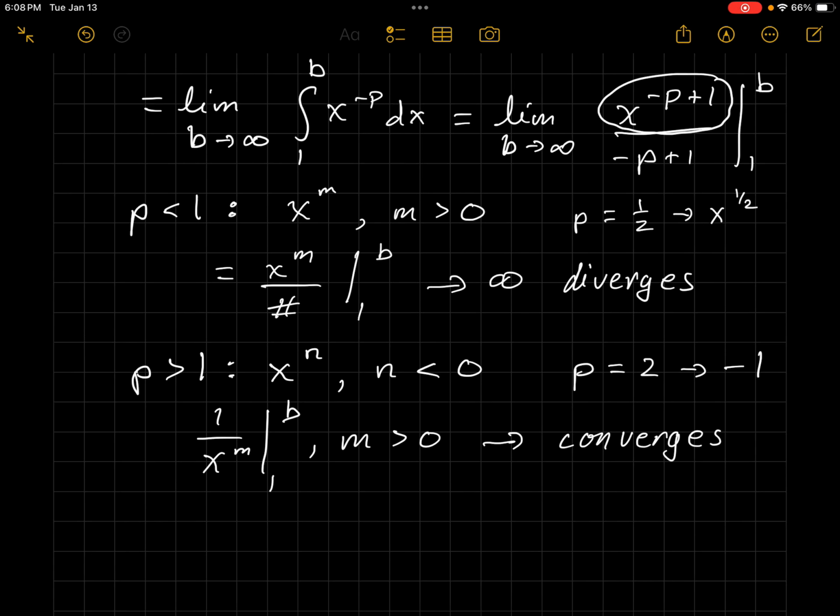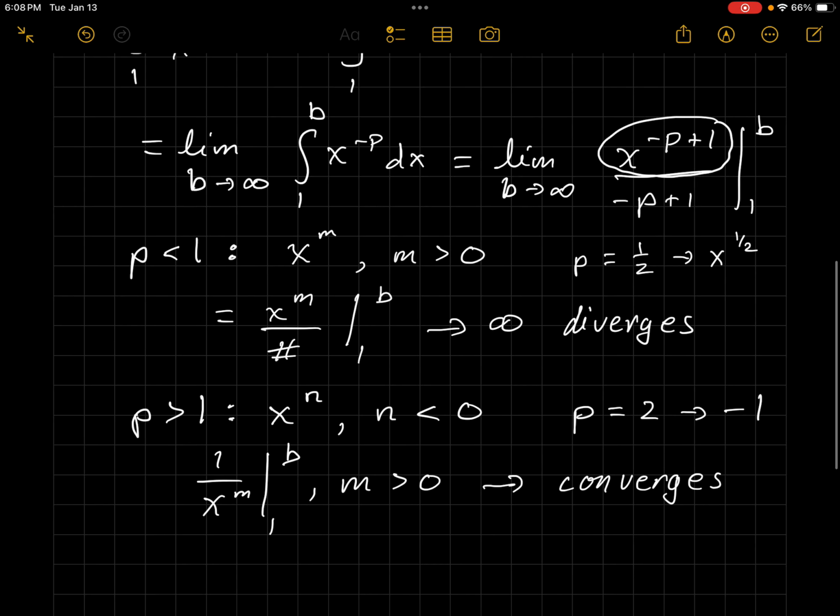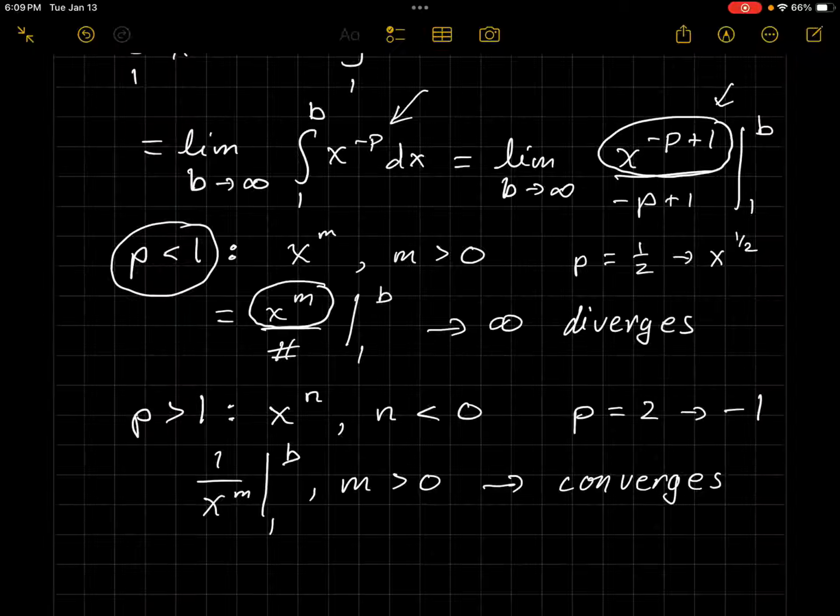So to reiterate, when we integrate x to the negative p, we get x to the negative p plus 1 times some constant, divided by some constant. That doesn't really matter. But if p is less than 1, we will end up with x to a positive power in the numerator. So when we plug in infinity, we will get infinity, meaning the integral diverges.